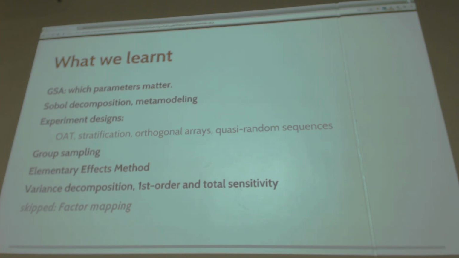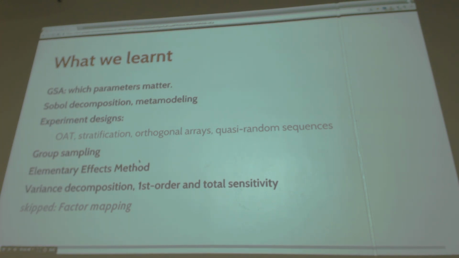This is an area called experiment design, and we talked about different kinds of neat and symmetric designs like orthogonal arrays and Latin squares, and the general concept of stratification, where if you want a certain number of input regions to be covered, then you just sample within these regions explicitly. And we learned about quasi-random sequences, which allow us to continue an experiment incrementally while still having the neat properties of orthogonal arrays and things like that.